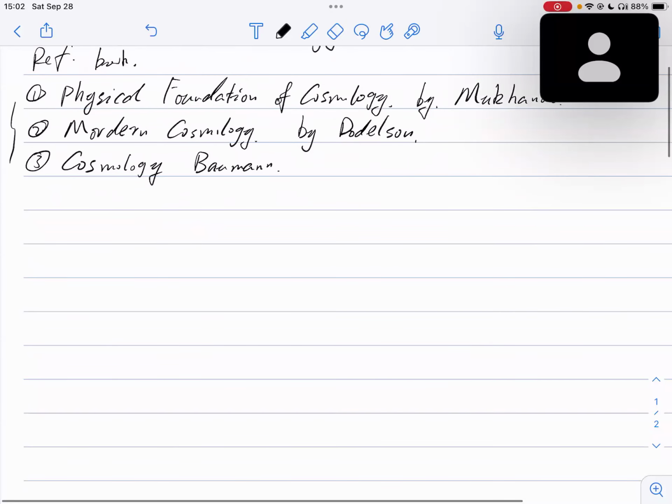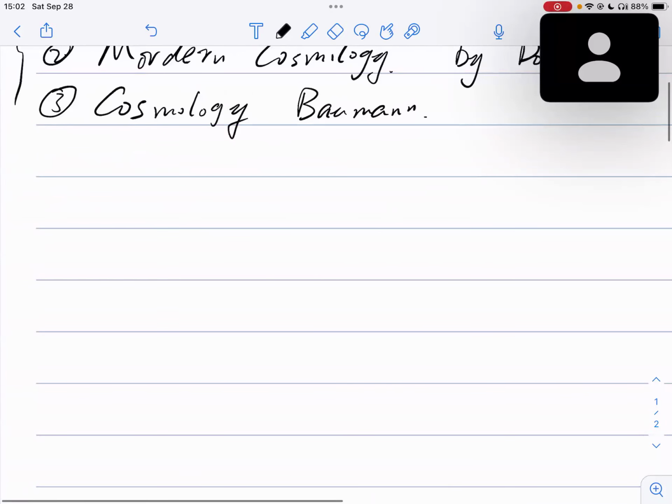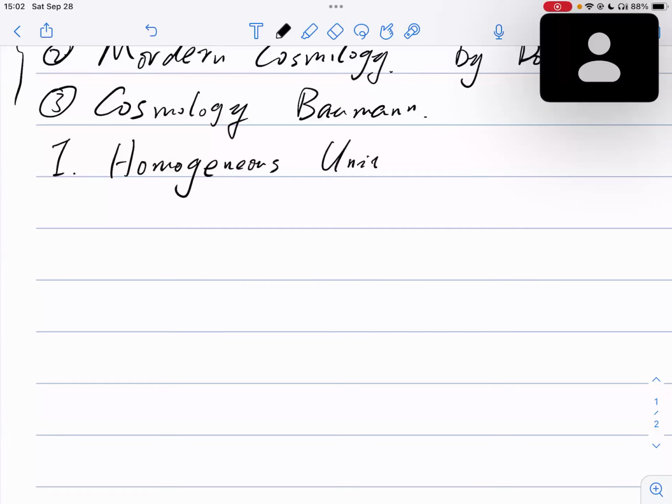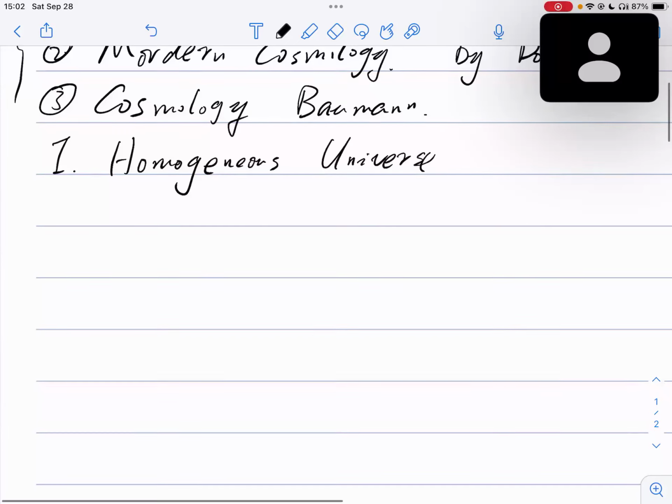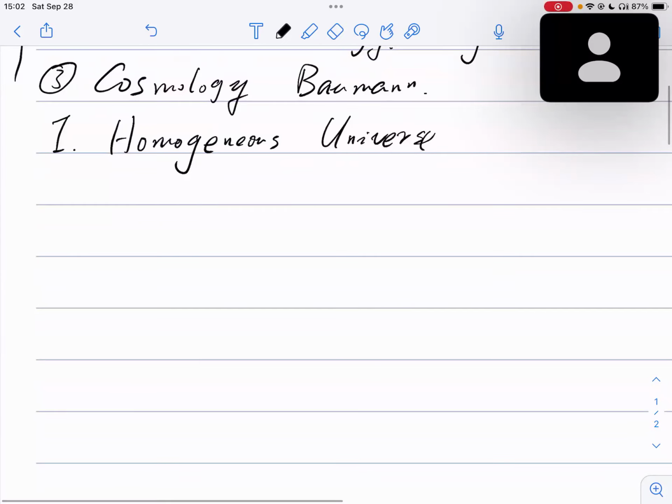Okay, so about the content of this seminar, the cosmology seminar is always divided into two parts. The first one is the topics about the homogeneous universe. There are some basic topics about this.